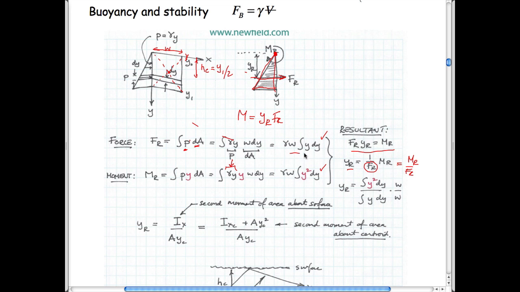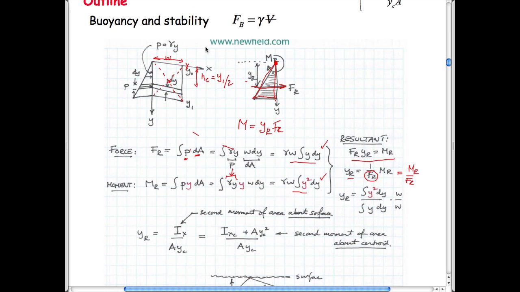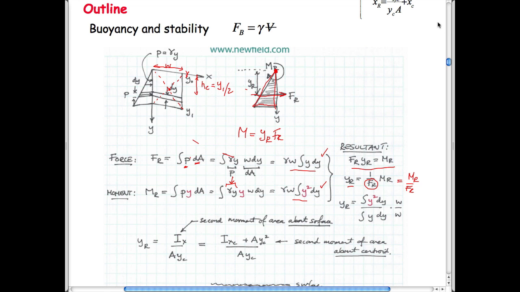If we take this expression for the moment and put it on the top, and this expression for the force and put it on the bottom, the unit weights cancel out, so we don't care about those, but this is exactly the expression that we use. Let's see if I have enough space to do this. You'll never have to do any of these derivations, let me assure you. You need to know how to use these things.